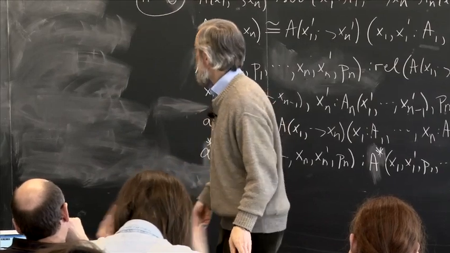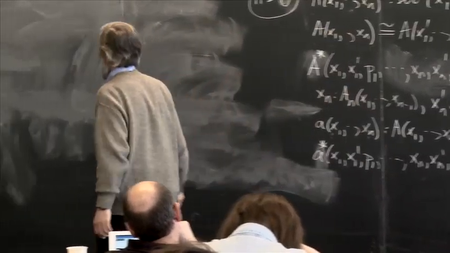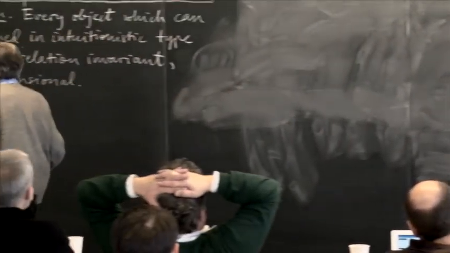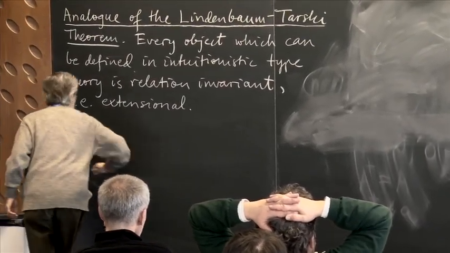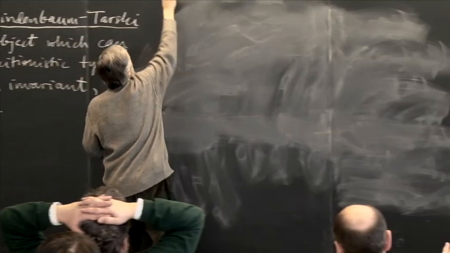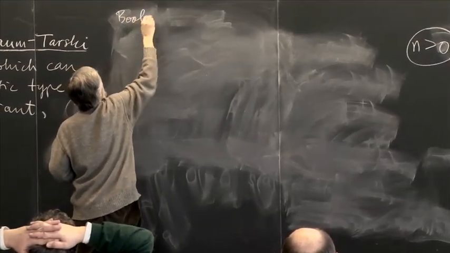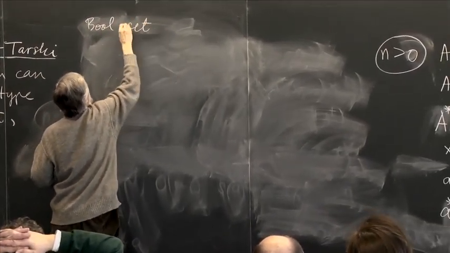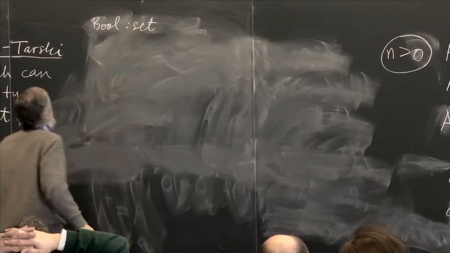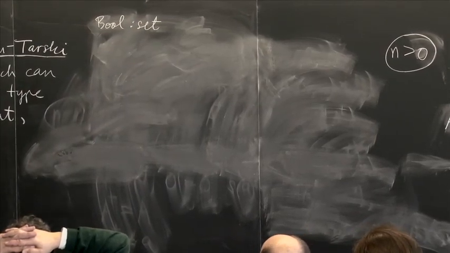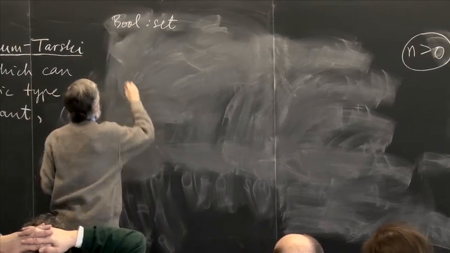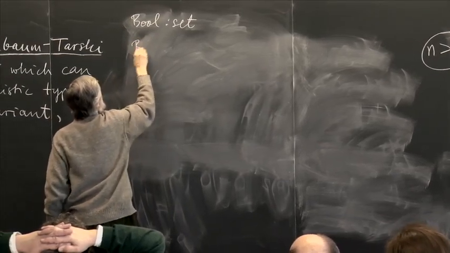We have the standard axiom that bool is a set. Maybe I could write it up here. And I have to enrich this by the star of it, bool star.